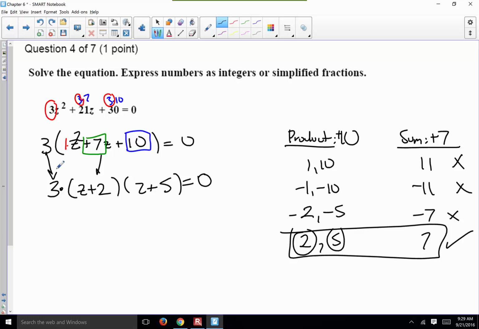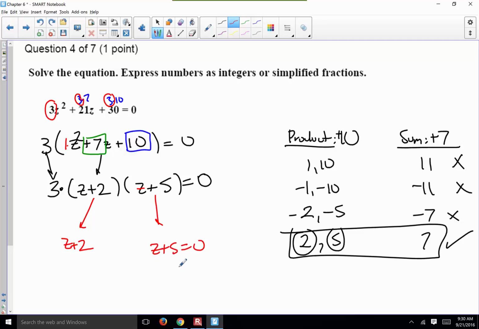Now what do I do next? Just don't bother this 3. This 3 serves no purpose. Forget it. You can just carry forward, do ZPR, zero product rule, and put each piece into 0. And you're done.